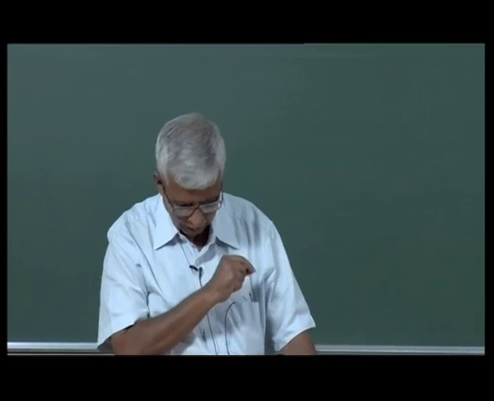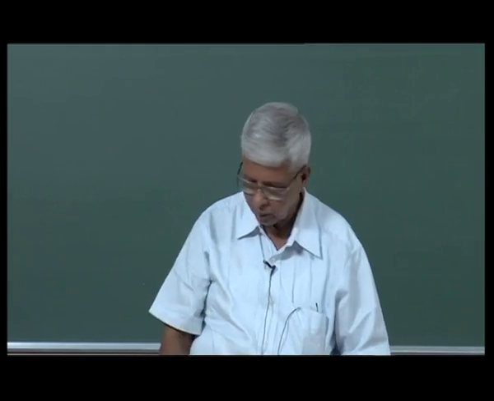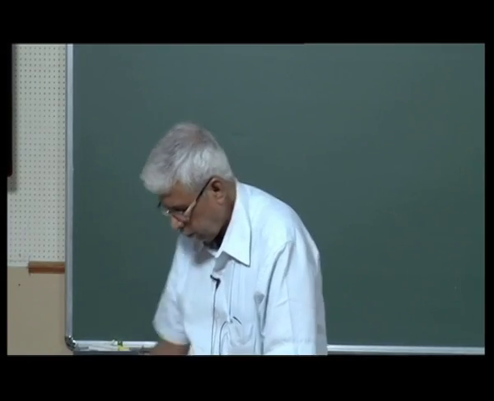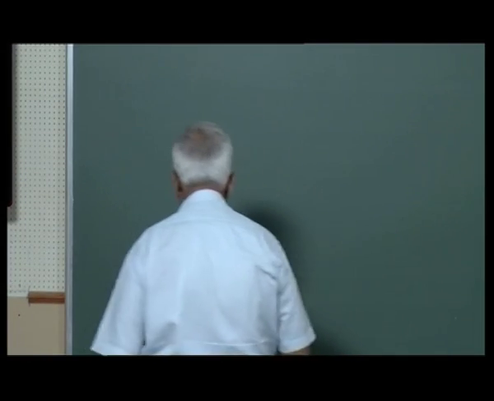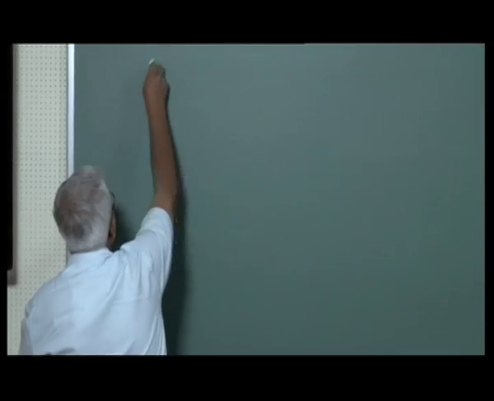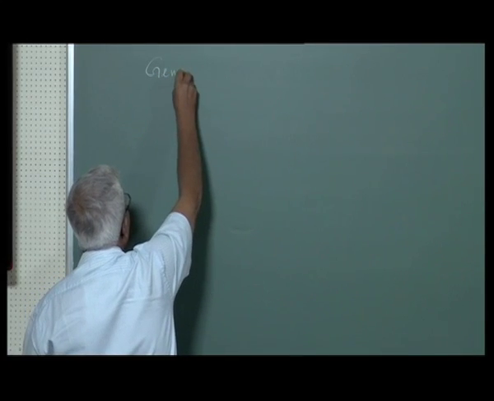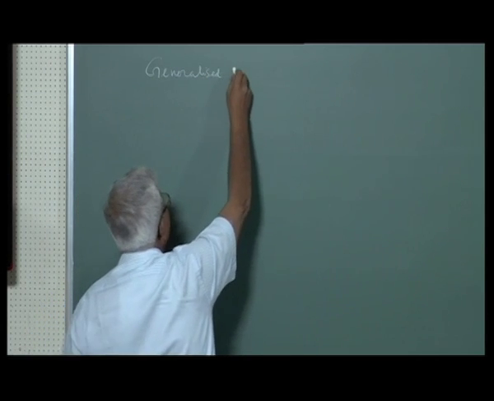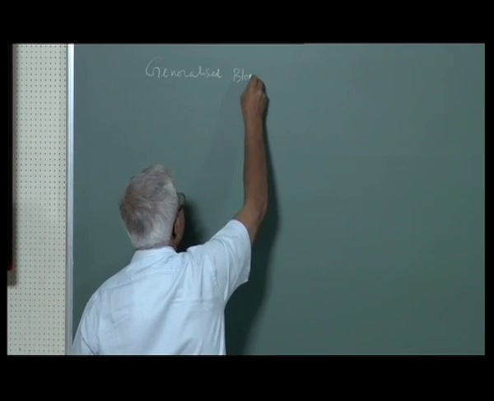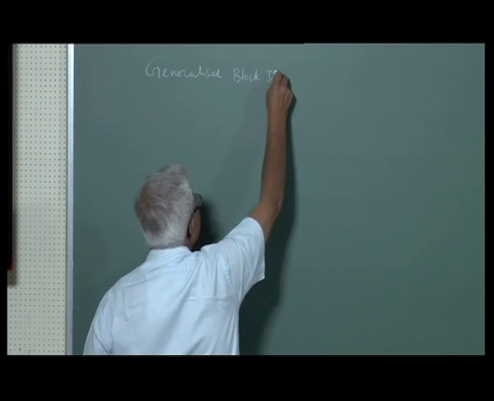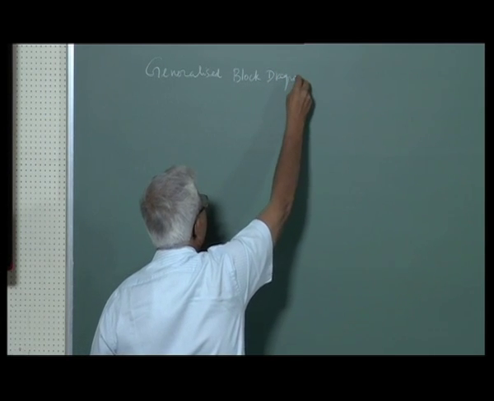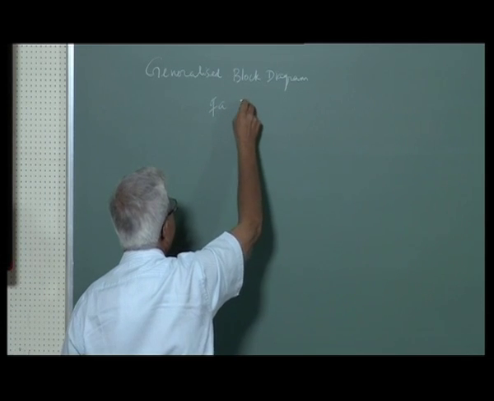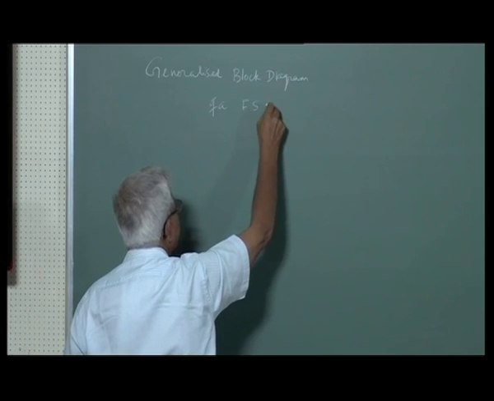So, in general, a generalized model or a block diagram for a sequential circuit is this: generalized model or generalized block diagram of a finite state machine. FSM stands for finite state machine.